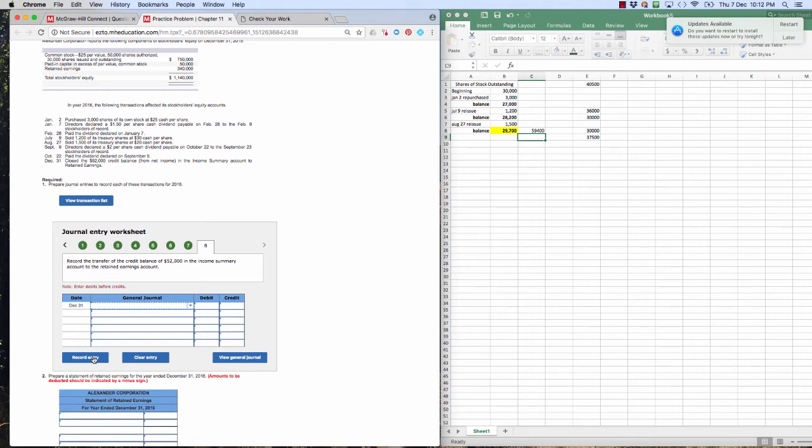So lastly, we're closing out the income summary to the retained earnings account. So there was a credit balance of $52,000 in the income summary account. Great. If we want to close a credit balance, we debit it.